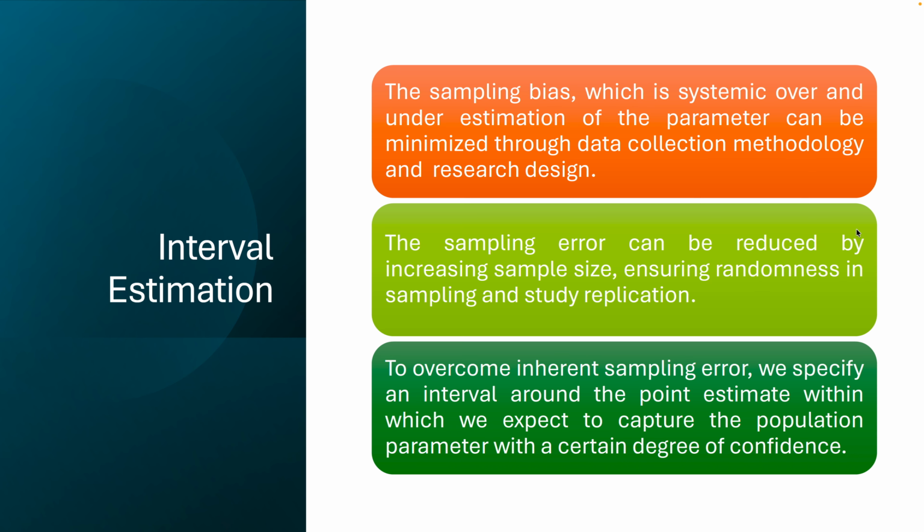Right? In that case, we don't need to estimate anymore. We have the true population parameter, which is typically practically infeasible. And if we ensure randomness in the sampling process, we can minimize the sampling error. And finally, if we are still in doubt, we can reduce it by replicating the study again.